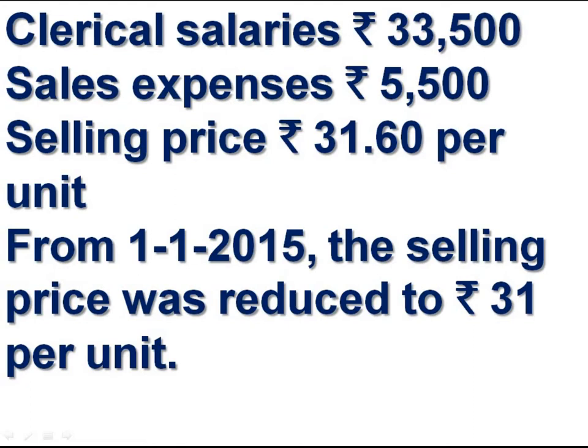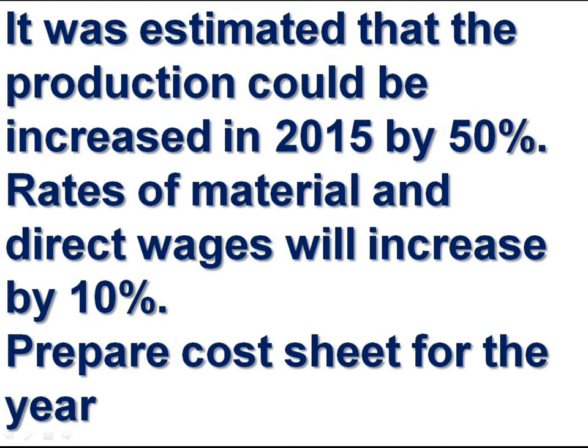From 1st January 2015, the selling price was reduced to rupees 31 per unit. It was estimated that the production could be increased in 2015 by 50%. Rates of material and direct wages will increase by 10%. Prepare cost sheet.